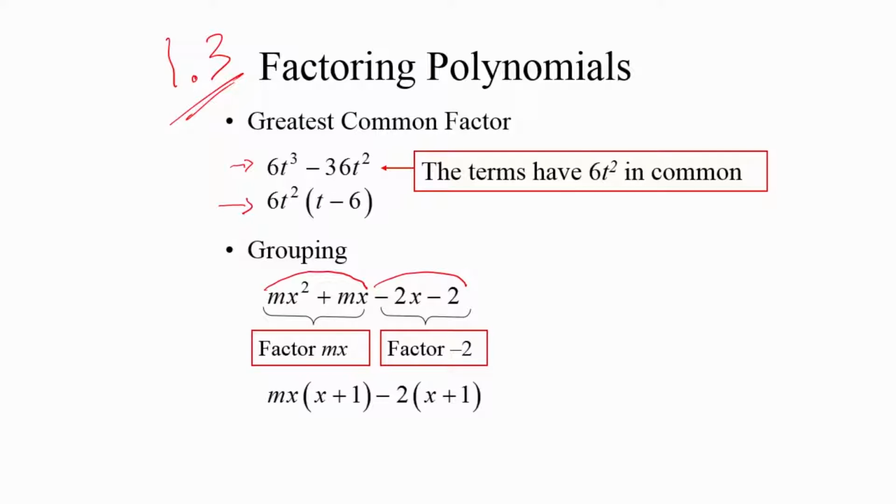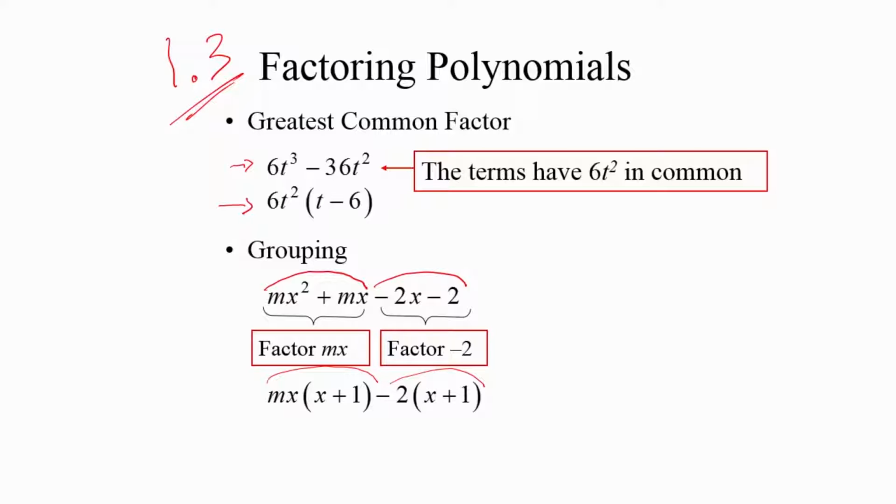So when you factor out mx here, x remains from the first one, and since the second is the same as this factor, it would be 1. And factoring out minus 2 would leave you with x plus 1. Now between these two, you can factor one more time, because the common factor here is x plus 1.